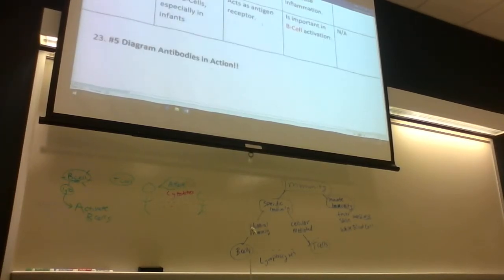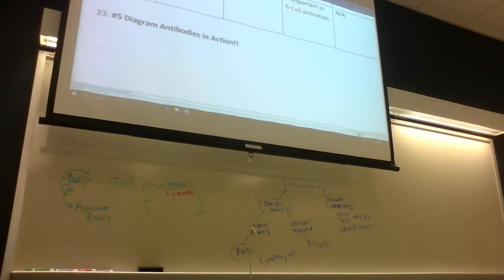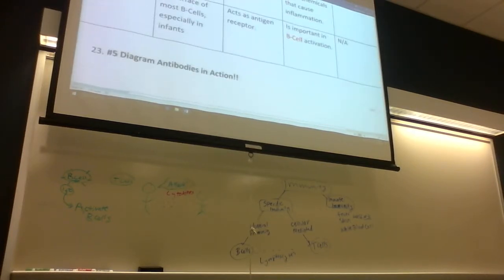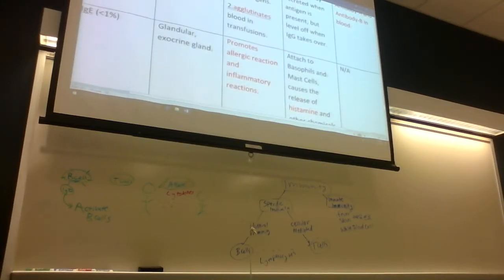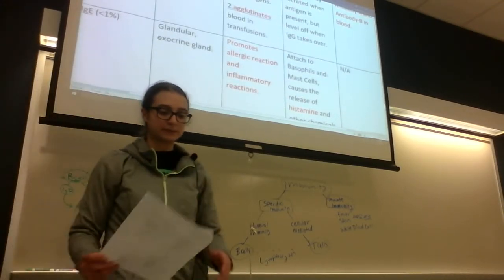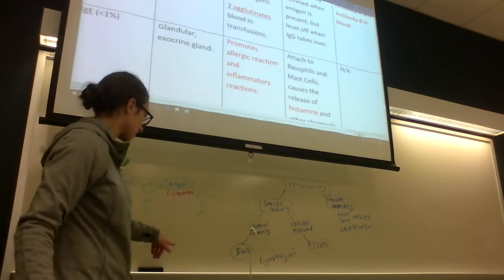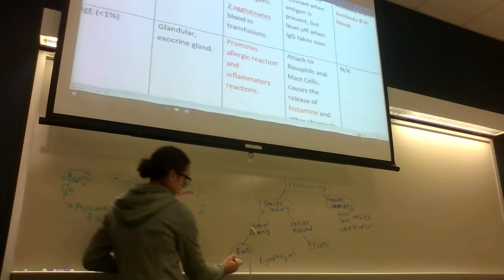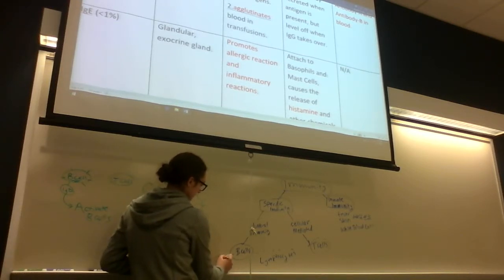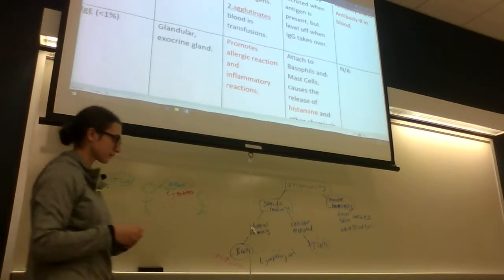We're then going to move into worksheet number 5, which is going to talk about antibodies in action. So how do antibodies actually work? We just got through B cells, and we're now going to talk about antibodies.